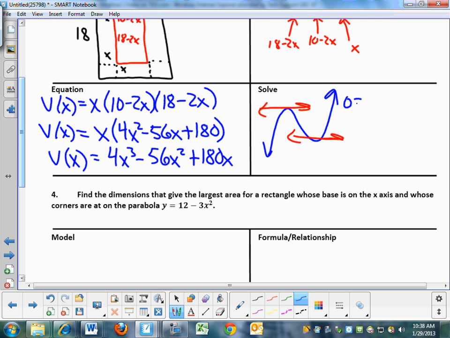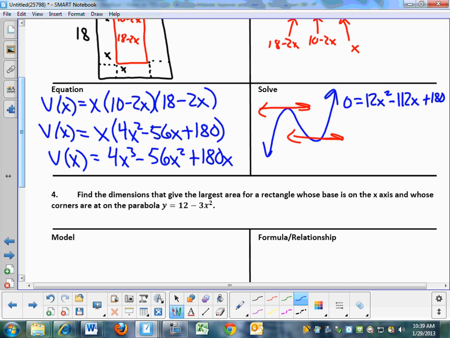We've got 0 equals derivative of 4x to the third, 12x squared. Derivative of minus 56x squared, minus 112x, plus 180. Oh, I just grab your quadratic formula and, you know.